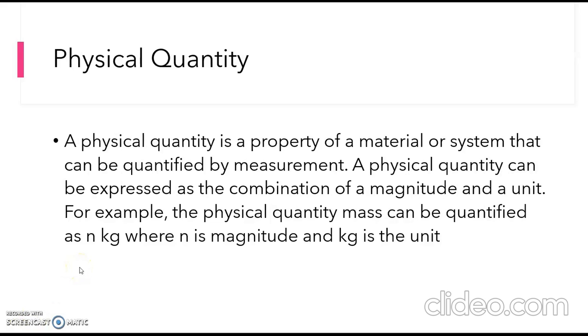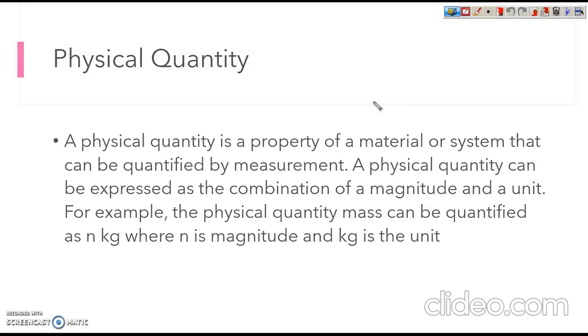Physical quantity. A physical quantity is a quantity that can be measured. A physical quantity is expressed by stating the magnitude of the physical quantity, I'm writing PQ, and the unit.